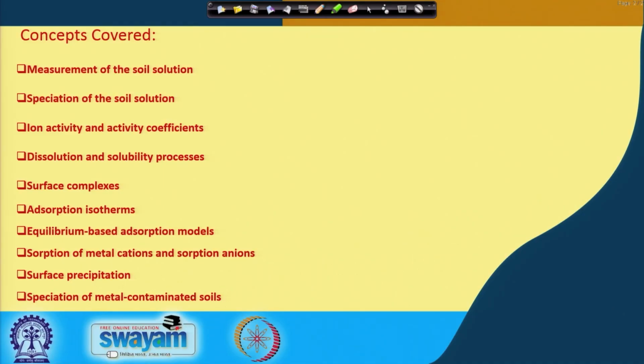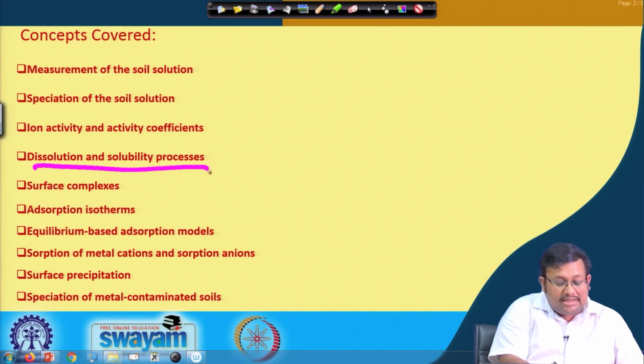We will be covering these concepts. First of all, measurement of soil solution, how we generally measure the soil solution. Then the speciation of the soil solution, then ion activity and activity coefficients, and then dissolution and solubility processes.